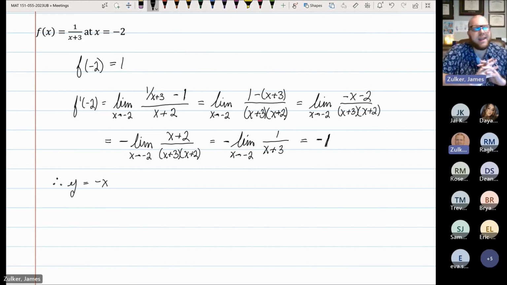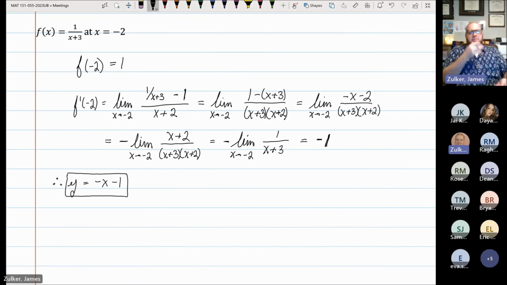Right? Tangent line, -x plus f of a minus a times f prime of a. Our tangent line is -x minus 1.